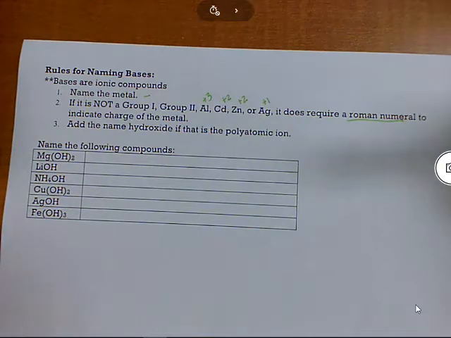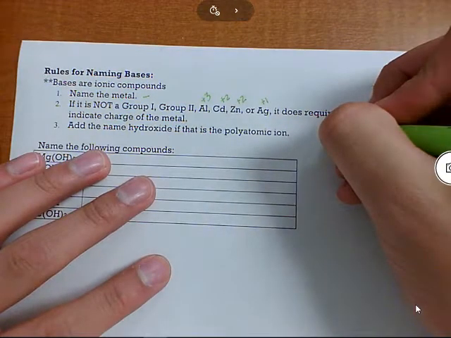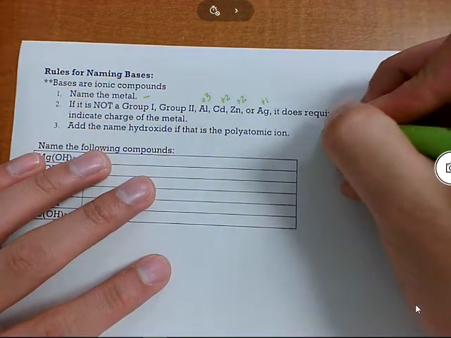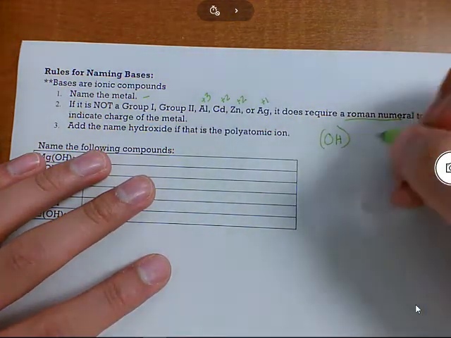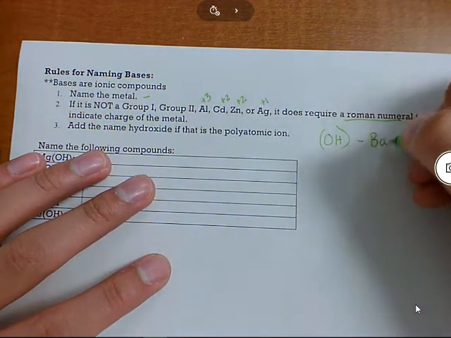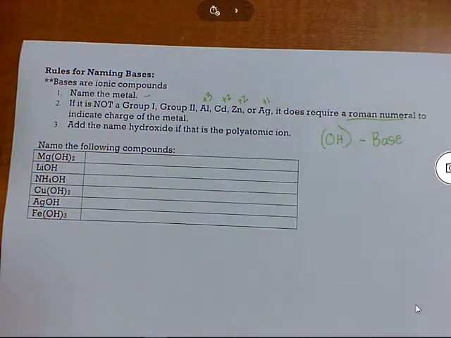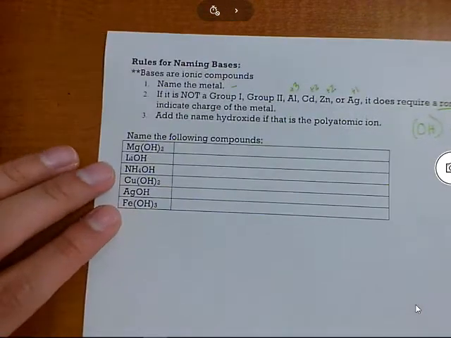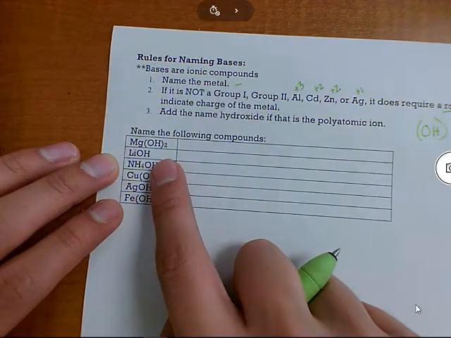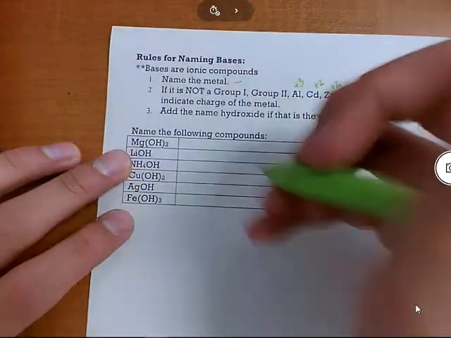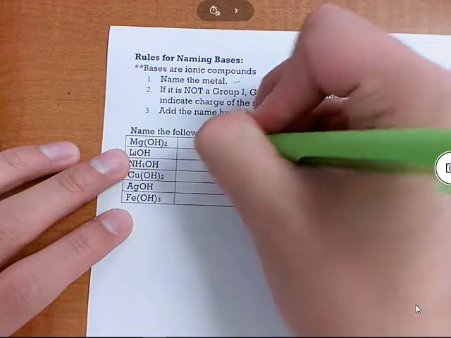Okay, so on the back of your periodic table. So basically, if you see that there's an OH, that polyatomic ion, that's called a base. This is a base. So I have acids, and then I have bases. They are opposites of each other. So this first one, Mg(OH)2. Mg is called magnesium.